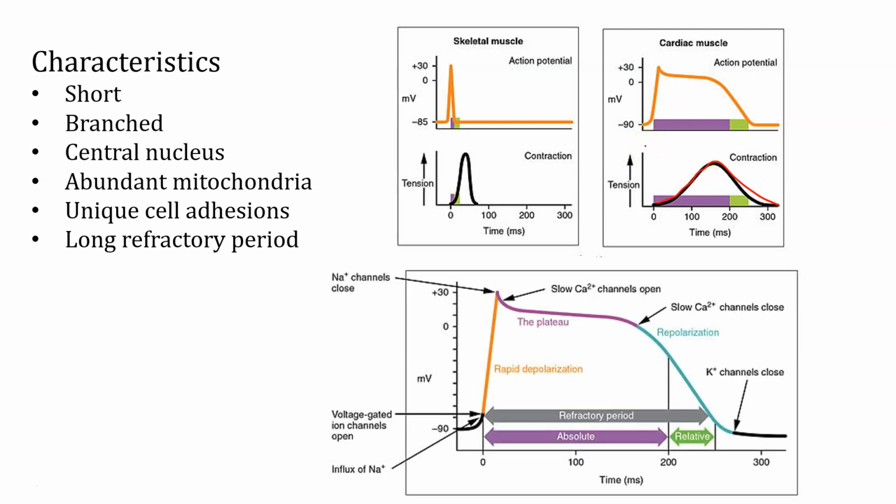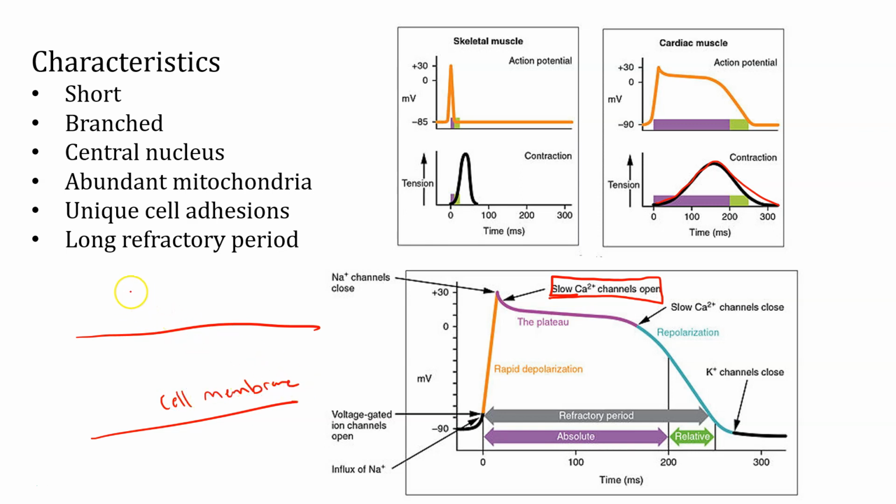The reason for this is complicated, but it's mostly because of slow calcium channels opening. If we're drawing a cell membrane, remember how an action potential works. There's usually more sodium on the outside and more potassium on the inside. The sodium comes in, and that would be the depolarization.